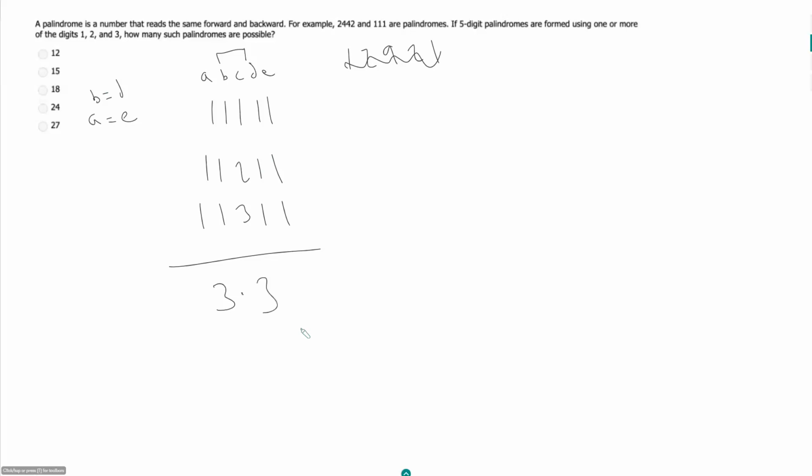From those, I get 9 possibilities, but those are 9 3-digit palindromes. Then any of those 3-digit palindromes can be paired with 3 possible values for A and E, which multiplies your total by another 3. So this should just be 3 times 3 times 3, which is 27.